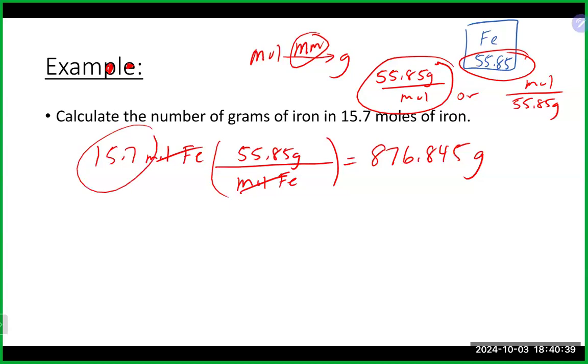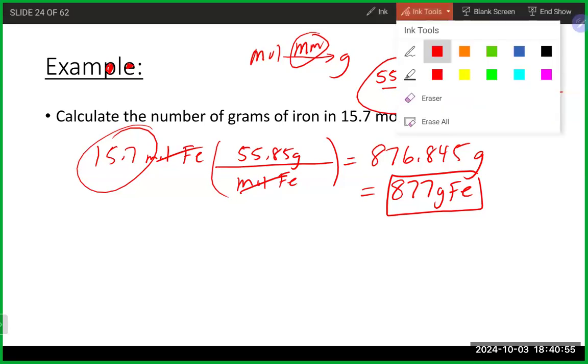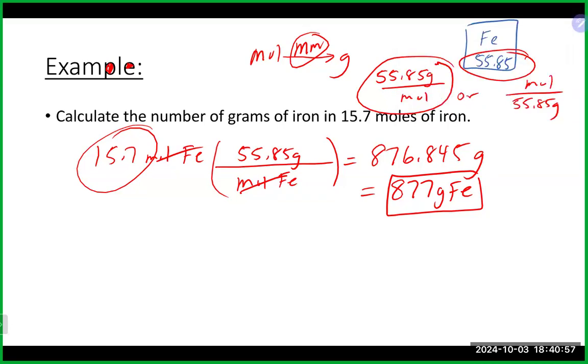Sig fig wise, probably about 3, so I'll call it 877 grams of iron. Any questions on that one? Again, super common conversions, moles to grams and also grams to moles.